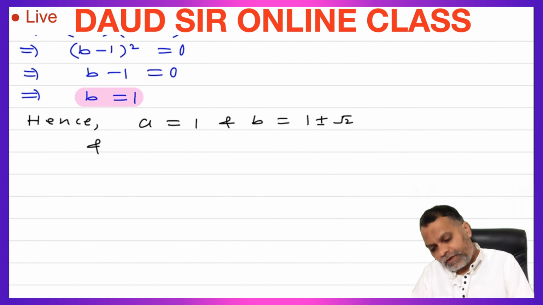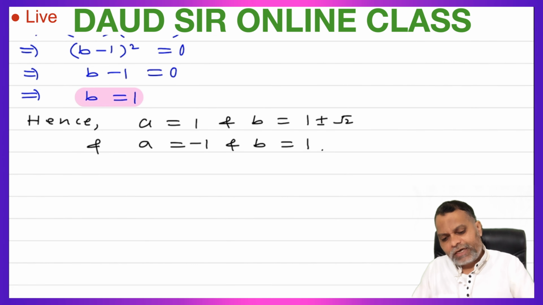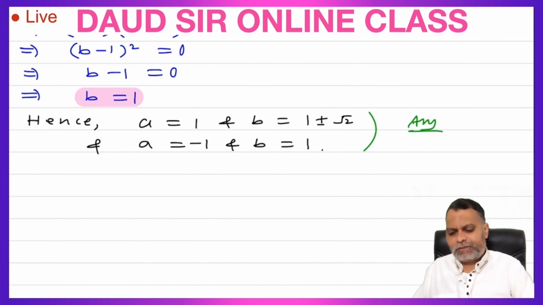And if a is equal to minus 1, and b is equal to 1. These are the answers. If a is equal to 1, then b is equal to 1 plus minus root 2. If a is equal to minus 1, then b is equal to 1. These are the answers. Most suitable values of a and b are these.